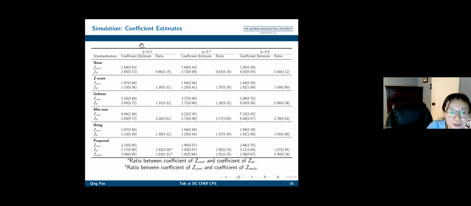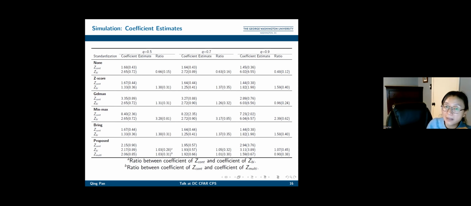So I'll show some simulation results. I have a continuous covariate, a binary covariate, and a multi-categorical covariate. So you see, if I don't do standardization, the binary version of the covariate would be much larger than the continuous version of the covariate, although I generated it with the same beta for the latent continuous variable.